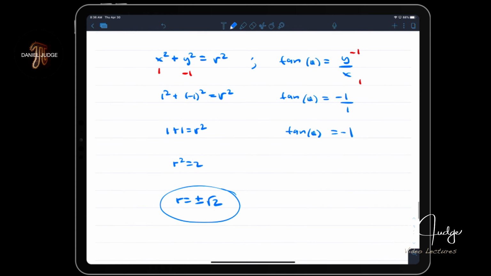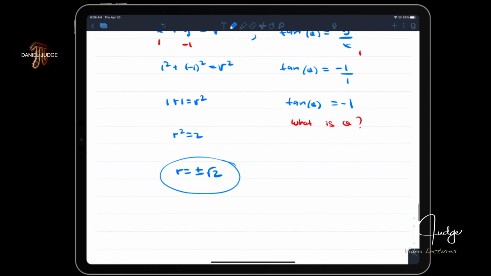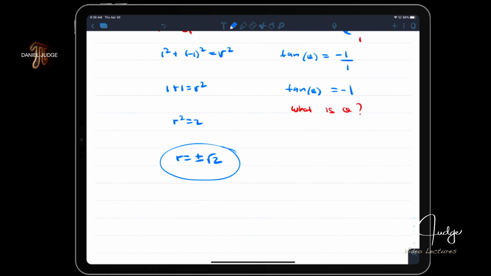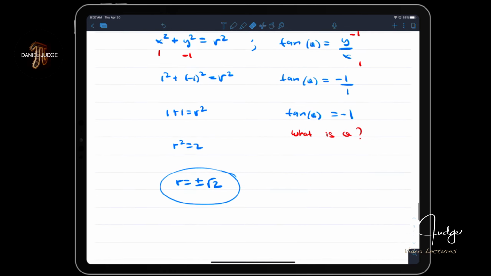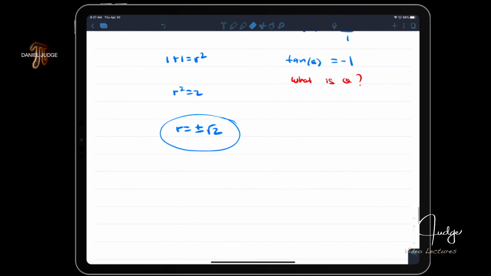So then if I ask you guys, what is theta here? How do we get theta? Anybody know what theta is? When do we get tangent being -1?